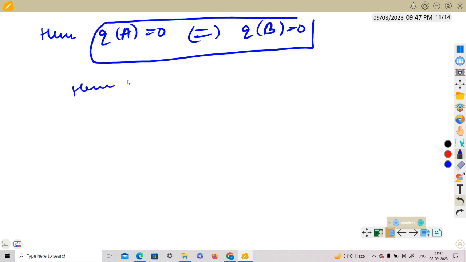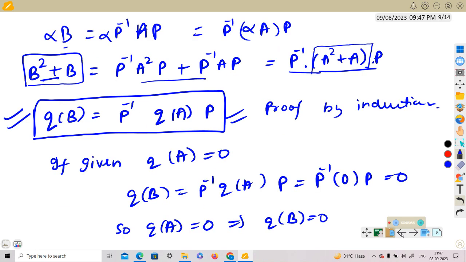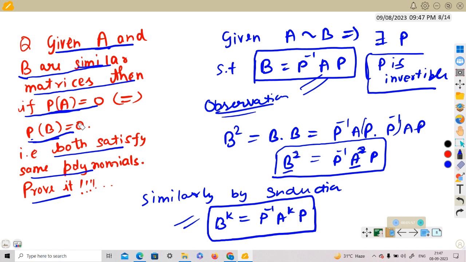Hence proved. This is the result we were trying to prove. Both satisfy the same polynomials. Here I used P, and in the proof I used Q because I have taken P two times, therefore I don't want to use it. Proof is done.